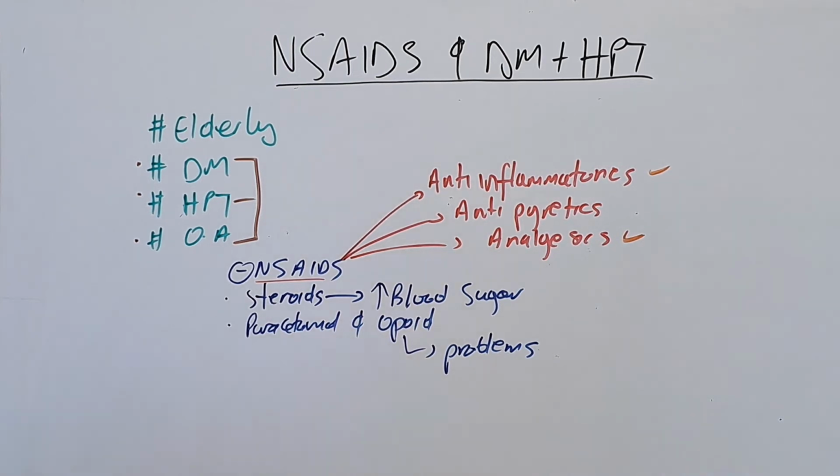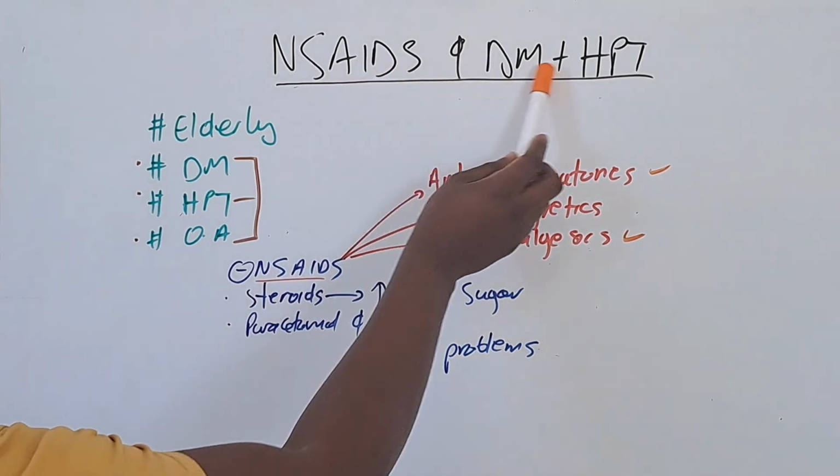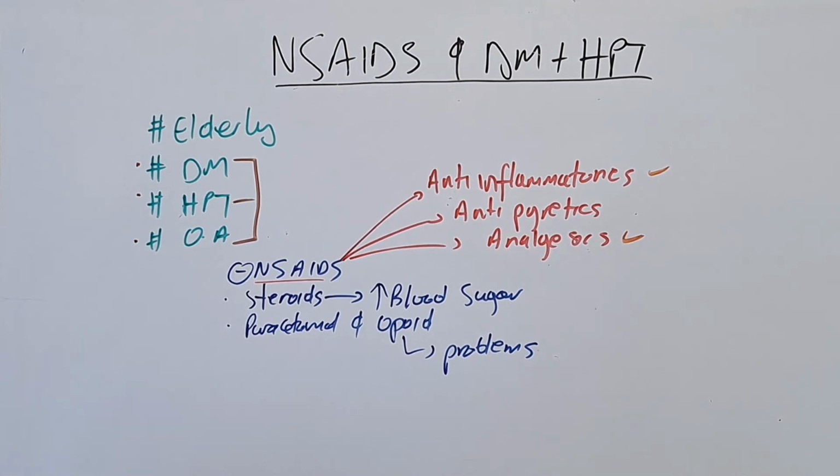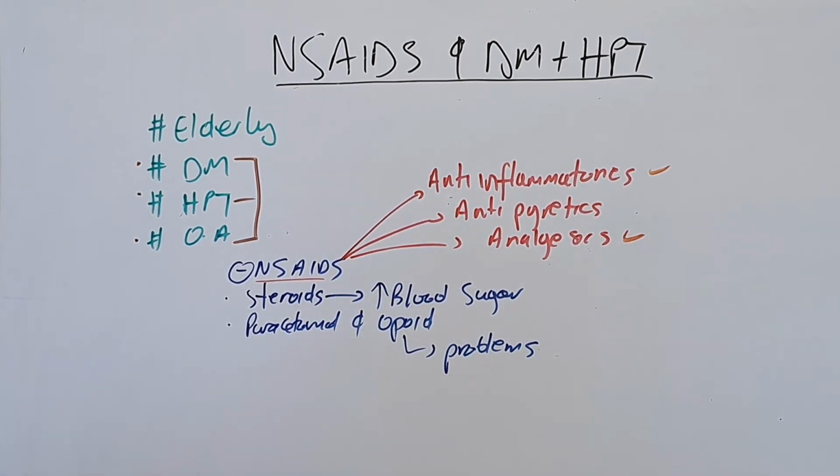In order for us to understand why this combination is bad, we need to go back to understanding NSAIDs just briefly, and then move on to the renal. In this particular video, I'm just going to focus on the NSAIDs. Then in part 2, I'll focus on the renal and finish the topic off like that. So there's going to be part 1 and part 2 of this small talk.